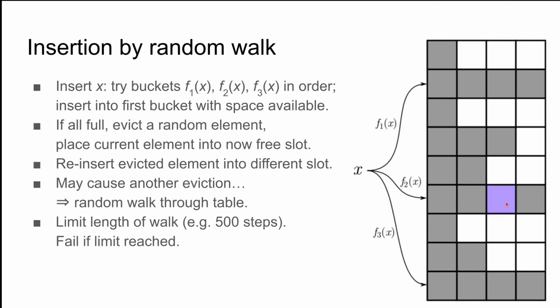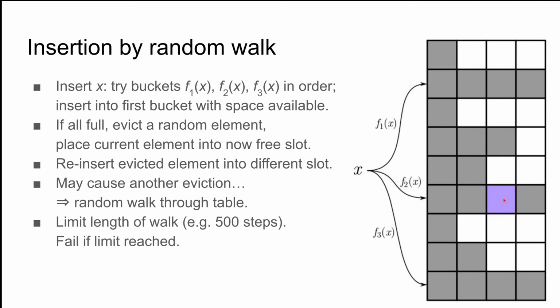Well, we pick a random element that is already there, like this one here, and we remove it from the table to insert X, and then we deal with the element that we have just taken out and insert it at one of the other 11 alternative locations for this one, some of which might actually be free. If not, we repeat the process.